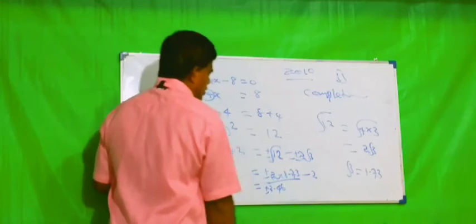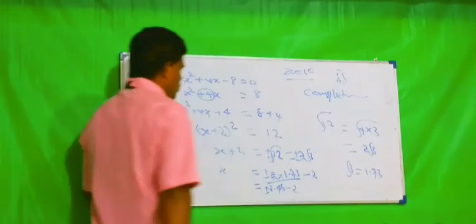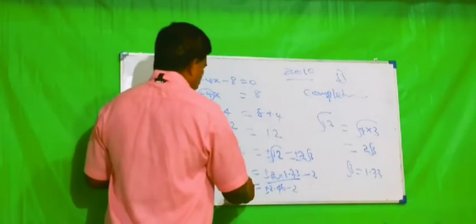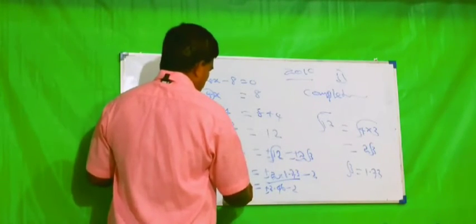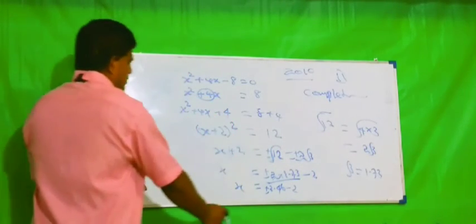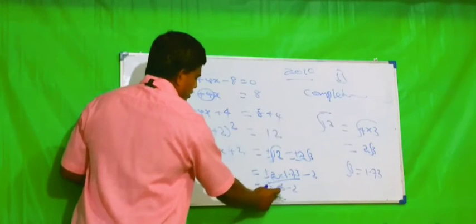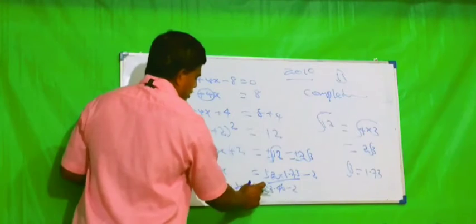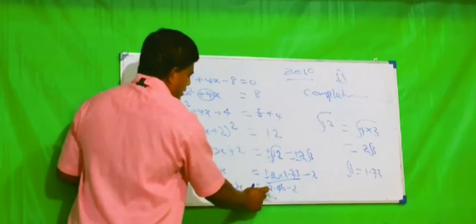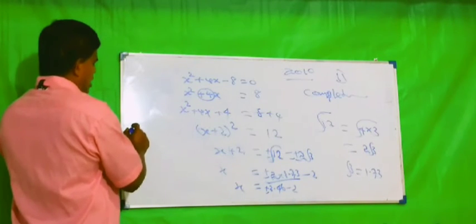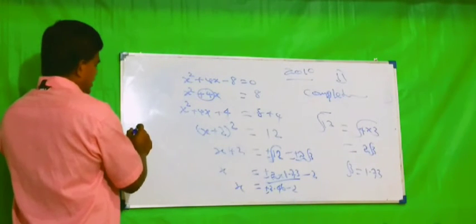Then plus or minus 2. Now the answers can be completed as follows. On two occasions we can take this number as positive and negative. Then the answers are written here.